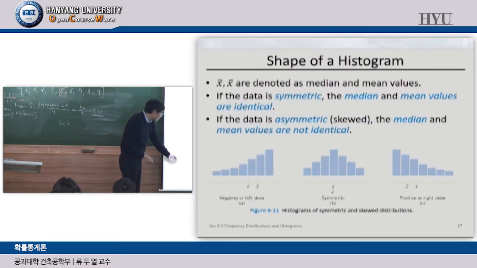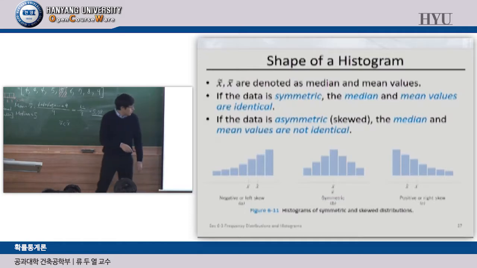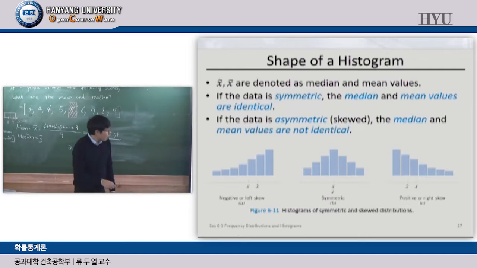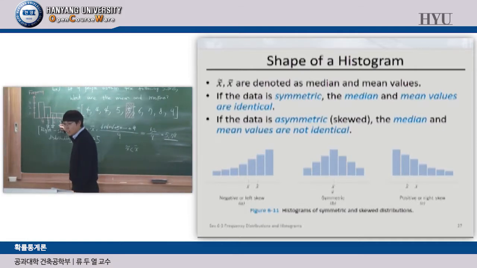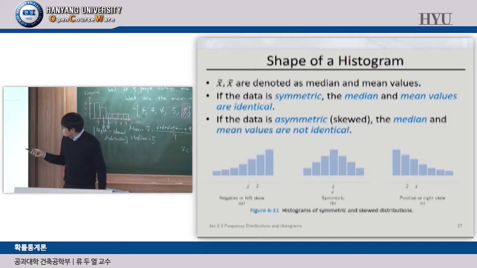And also we can say this is the negative distribution. Okay? And this histogram can be calculated based on these kinds of examples. Okay? So this is the right skew distribution, and we can verify that the mean is always larger than the median, X tilde. Okay? So this is about the shape of a histogram.